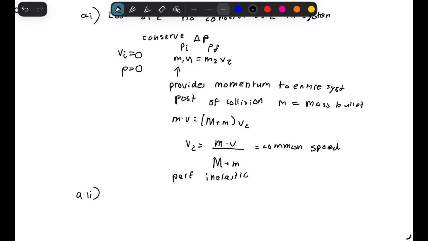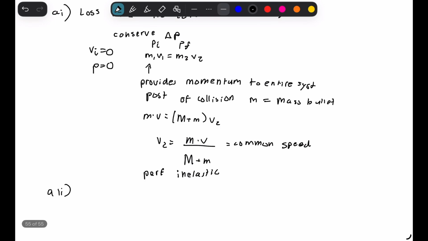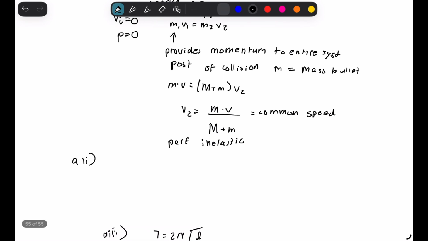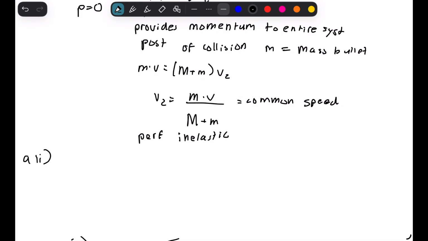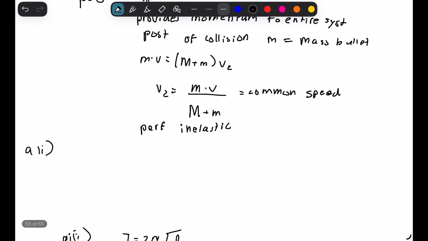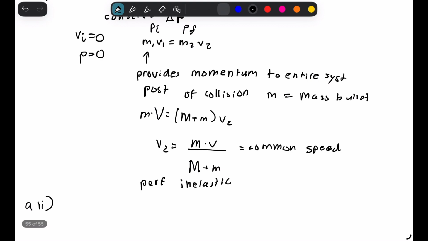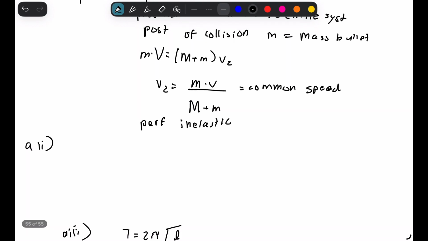After the collision, we have a combined mass, which is m plus big M, and a common speed, which we're going to call v2. So m times v is equal to the combined mass, big M plus small m, times v2. If we solve for v2, that is the common speed.